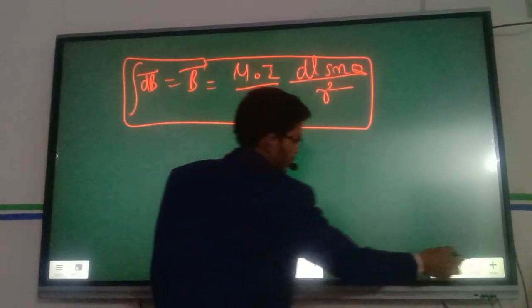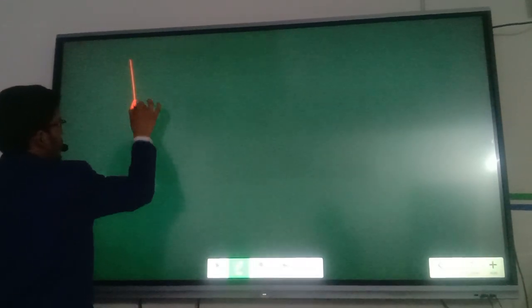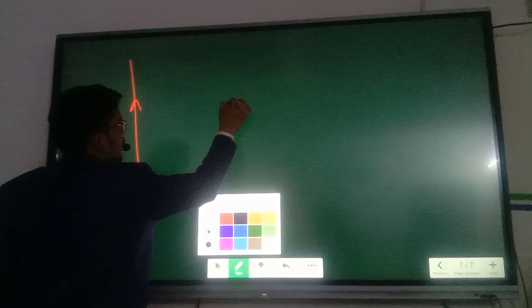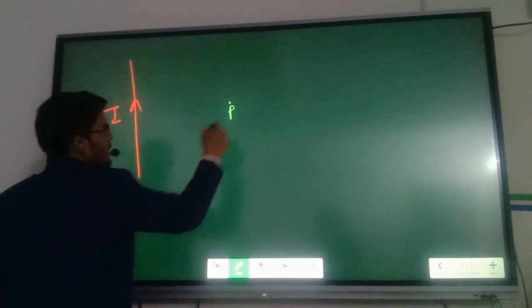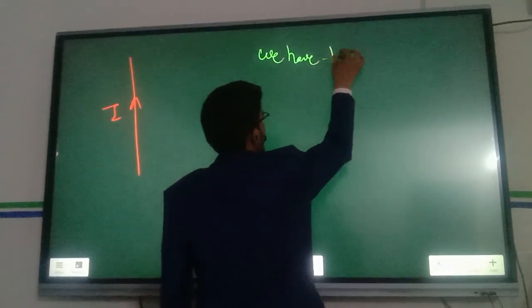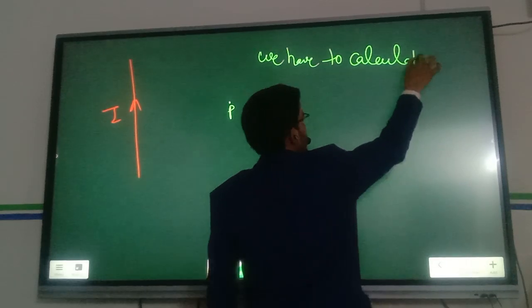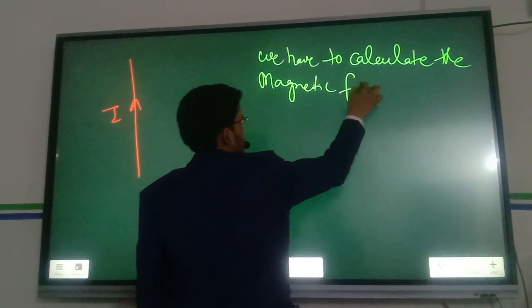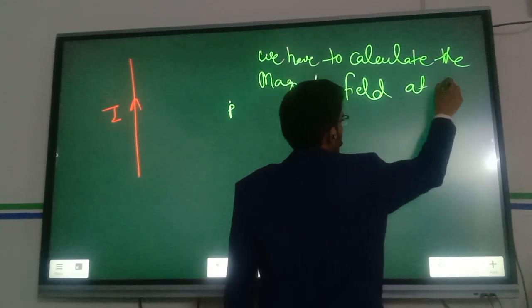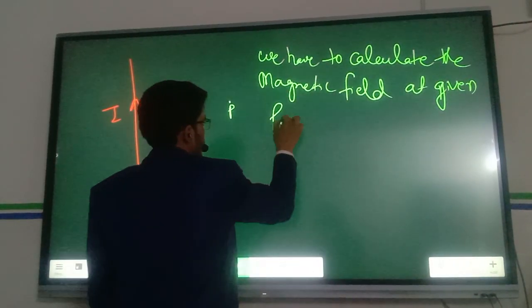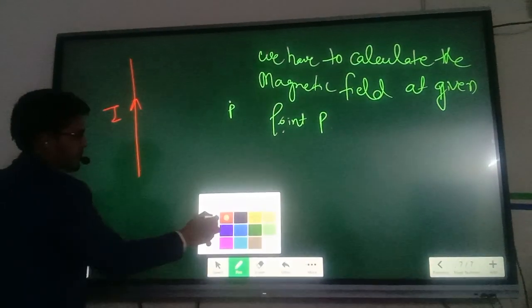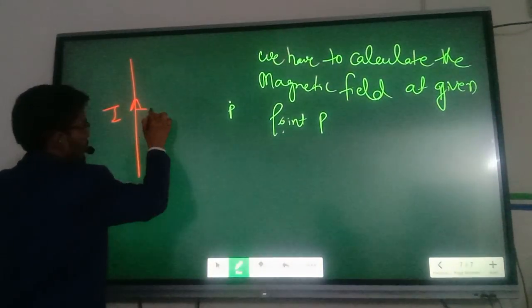Now one question here. Suppose we have a wire of finite length and current I passing through this wire, and we have to calculate the magnetic field at a given point P. First we draw a perpendicular from the given point.